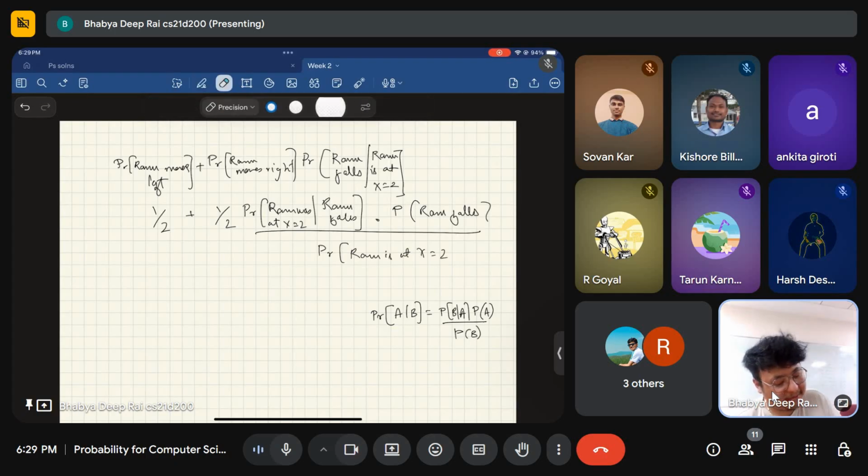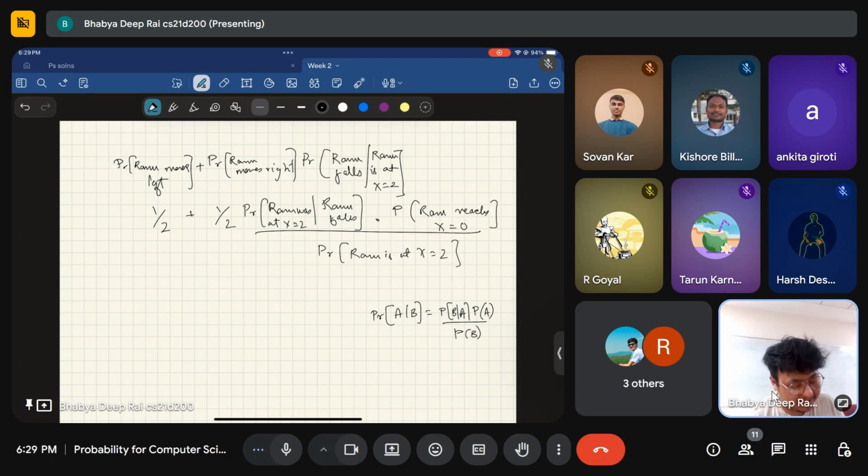So probability that Ramu falls is like Ramu reaches x equals 0, and probability that Ramu reaches x equals 2. But you will almost get the same thing.